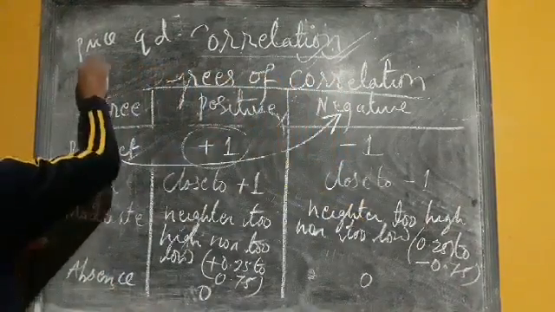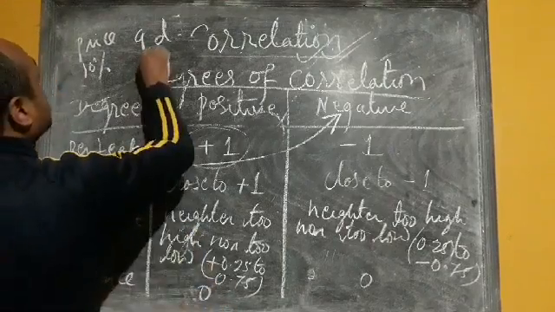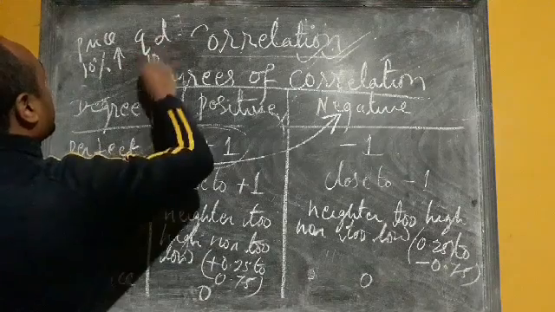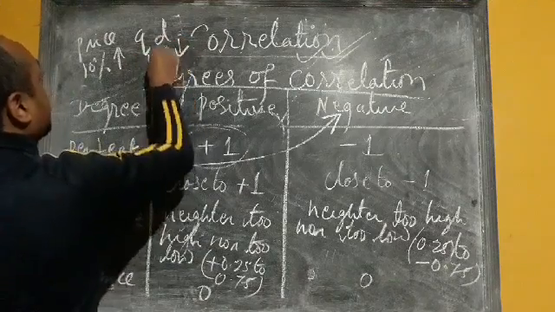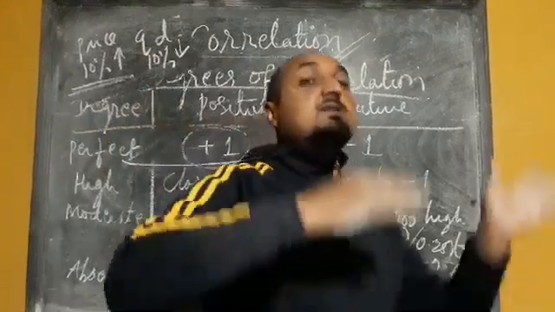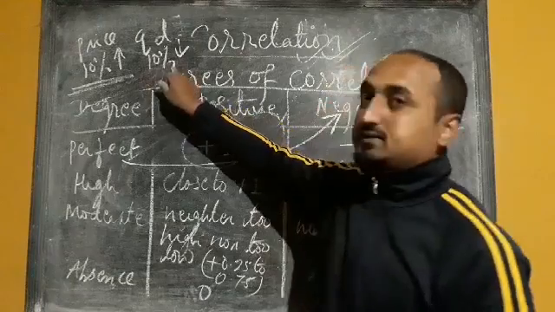So when the price of a commodity is changing by 10%, and due to that your quantity demanded is decreasing, suppose the price is increasing and quantity demanded is decreasing by 10%. So here see, your price is increasing by 10%, but quantity demanded is decreasing by 10%.